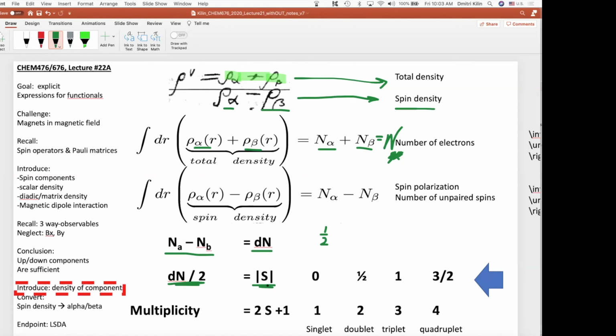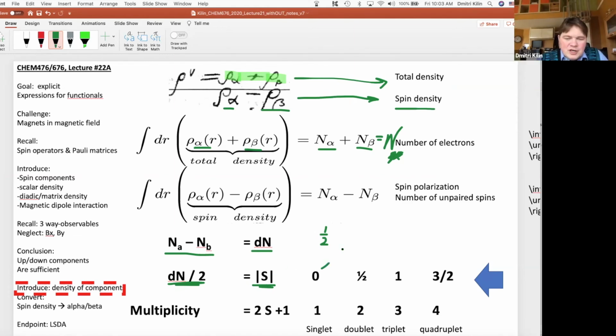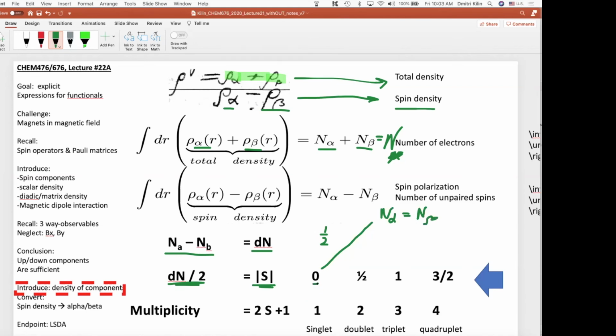I'm not sure about that. So if we have n alpha equals n beta, then their subtraction will be zero.